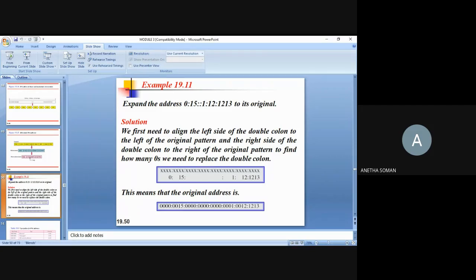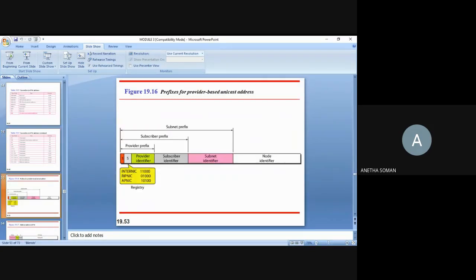Now what you have to study is the types of address in IPv6. When we were dealing with IPv4, we saw unicast communication and multicast communication. Now, which classes were responsible for unicast communication, or which class made use of unicast addresses?